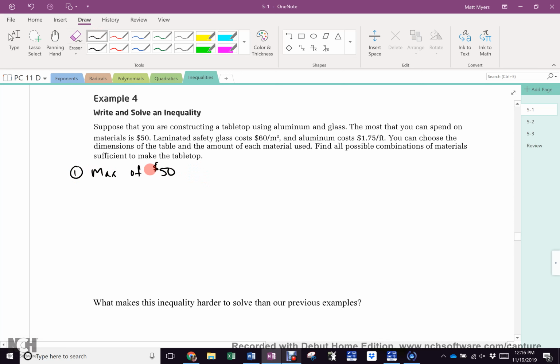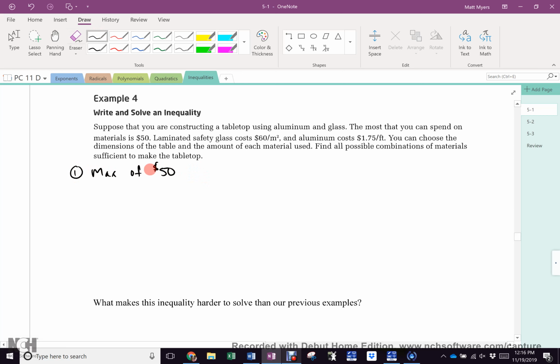So I know, and I'm going to do my equation over here in red, whatever I do has to be less than or equal to 50, right? Or what if I write it the other way? Could I write this? 50 is greater than or equal to. Is that okay?